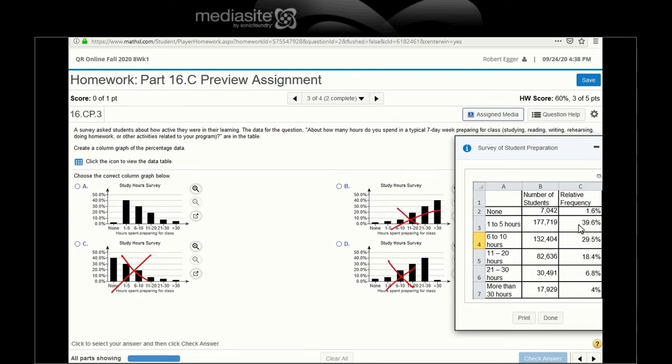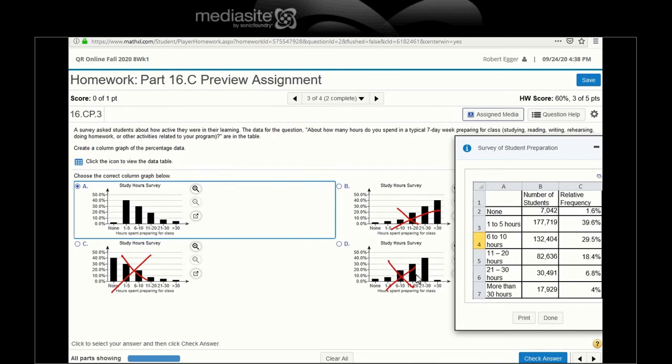So let's see. 1 to 5 is about 40. 6 to 10 is about 30. 11 to 20 is about 20. So it's got to be this guy. A is the only one that has a profile that matches. I mean, this guy's backwards.